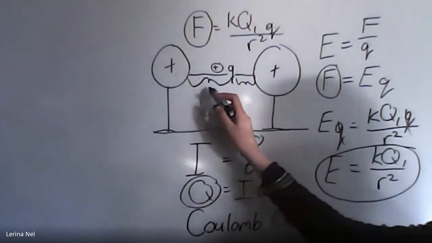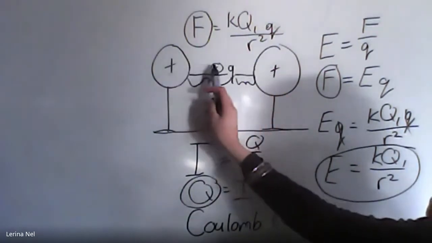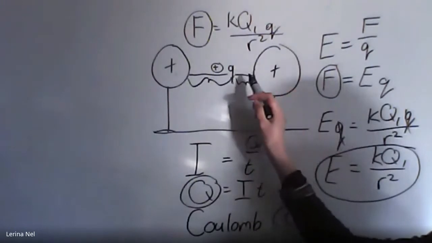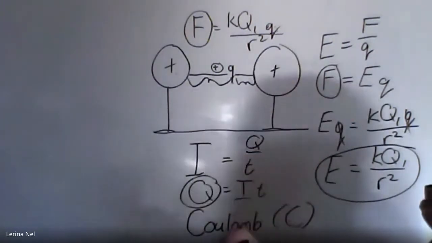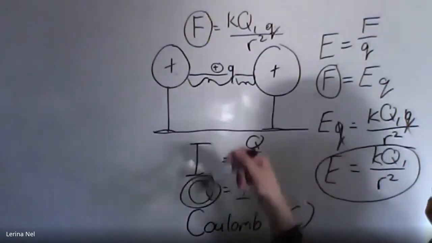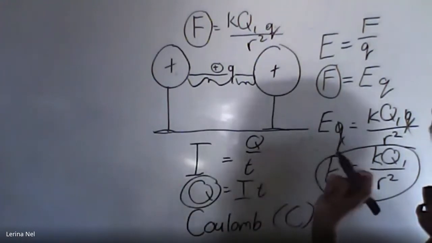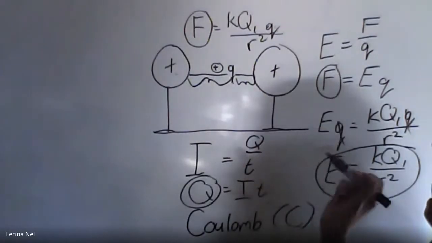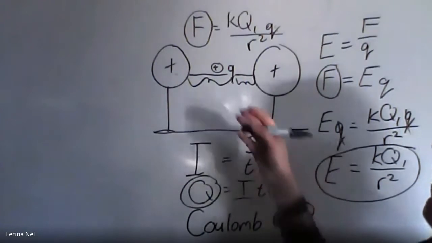Let's say this value was 10 Newton to the right, because both of them are positive, and this was 5, let's make this 5 Newton to the left. So 10 Newton to the right, 5 Newton to the left will give you a net field of 5 Newton to the right, and therefore this point charge will experience an electric field that is going to be 5 to the right.